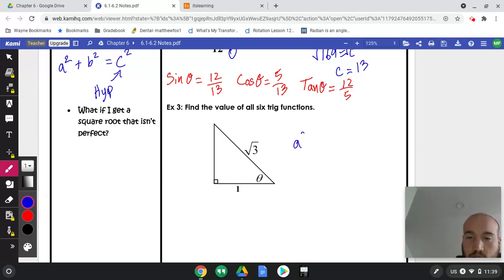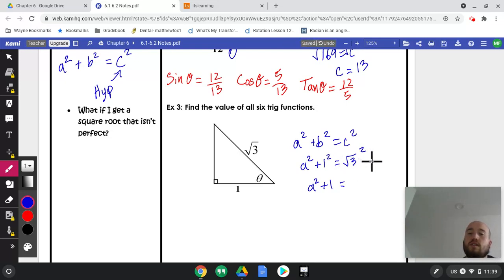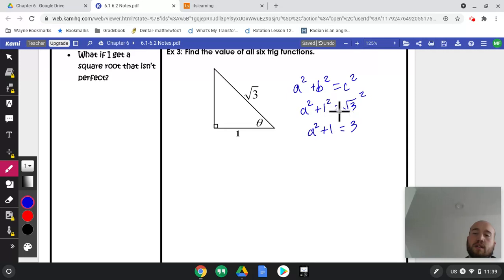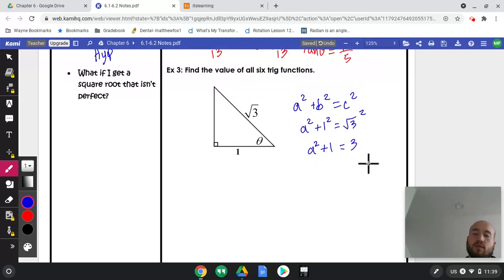We're going to have a squared plus b squared equals c squared. I'll plug in that 1 for b, the square root of 3 for c. 1 squared is just 1. The square root of 3 squared, think about it, those will cancel out and take care of each other, and we're left with just 3. Now from here, we need to subtract this 1 over.